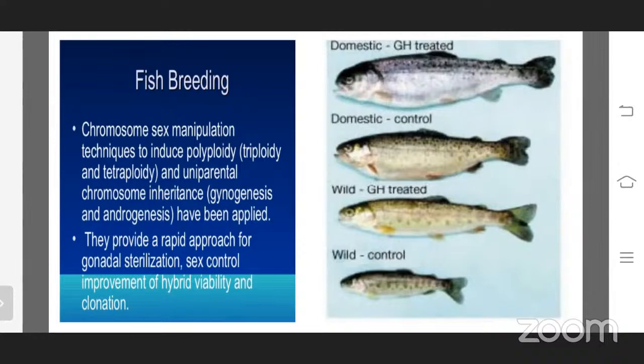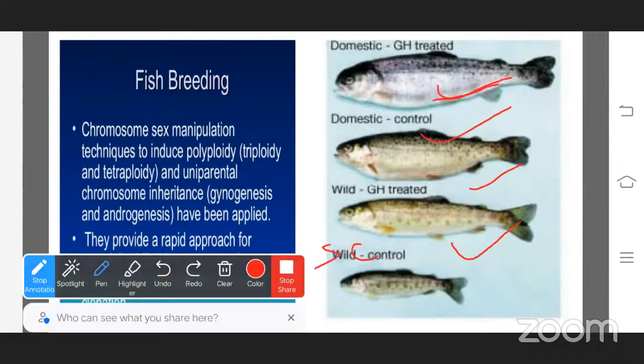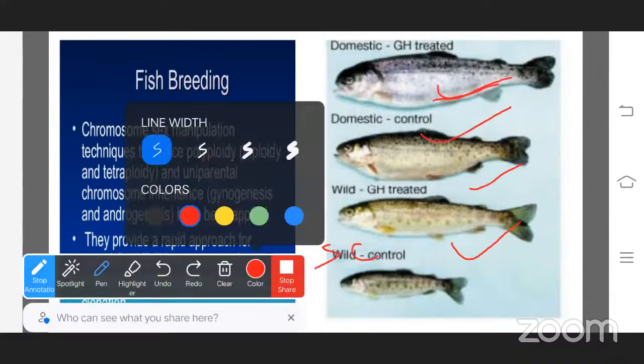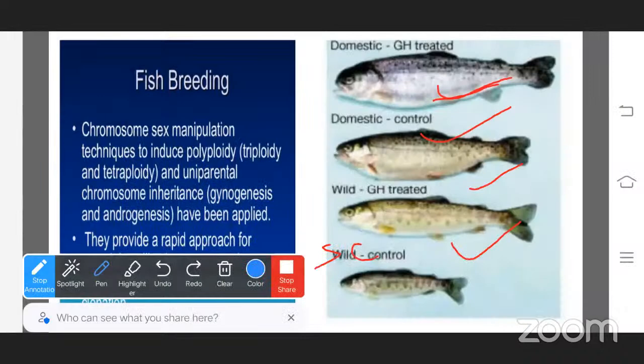The first one is the wild control. This wild control is small. Then the wild growth hormone treated fish. We treated it with growth hormone here.